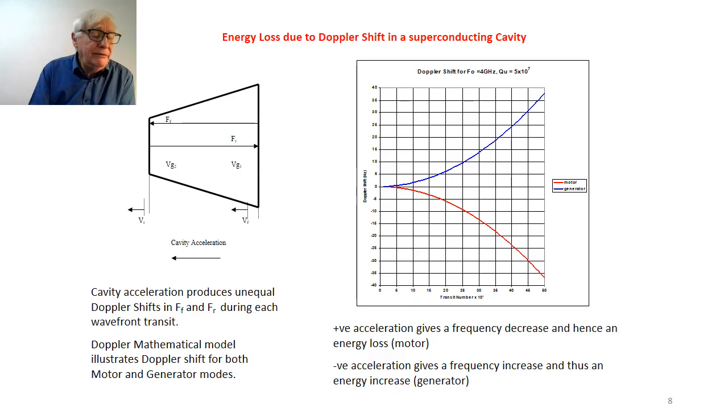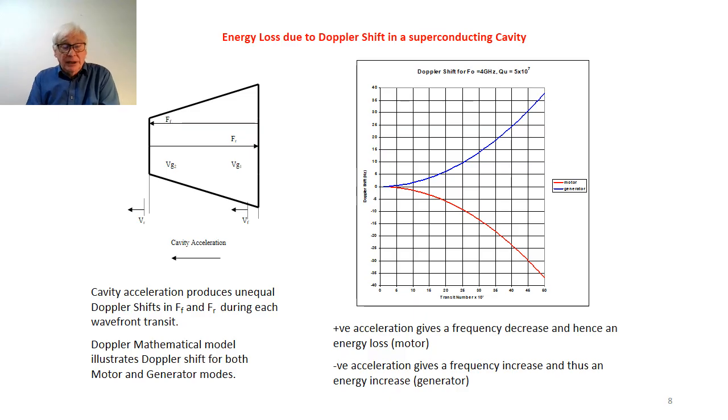If you did, there'd be one or two instruments on aircraft that wouldn't work. But because of the increased cavity velocity and the different guide velocities at each end of the cavity, you will get an overall Doppler shift.